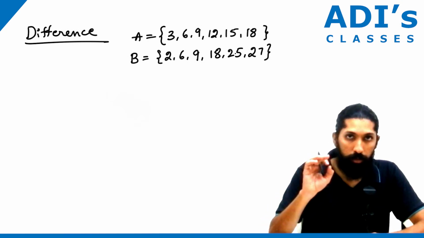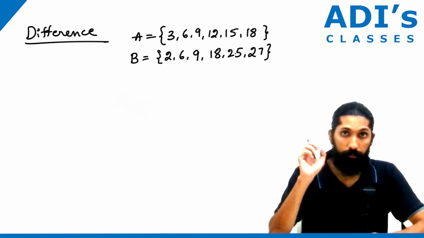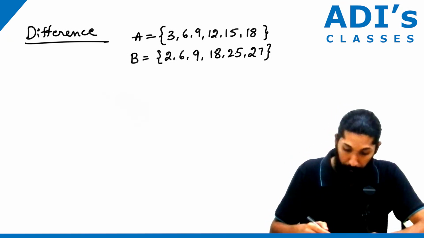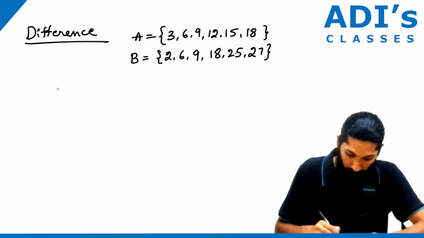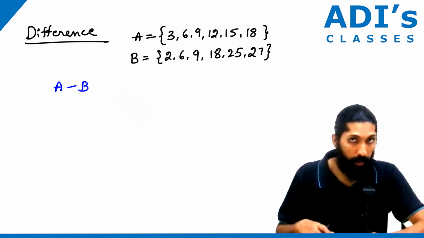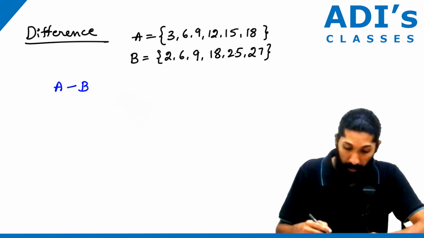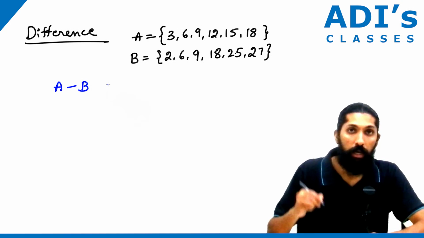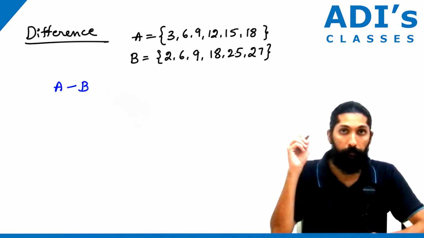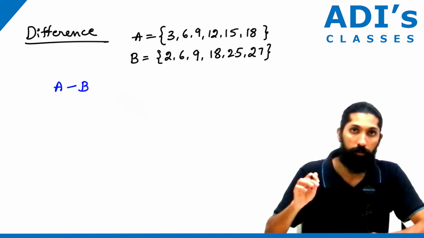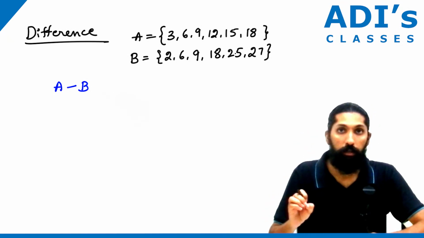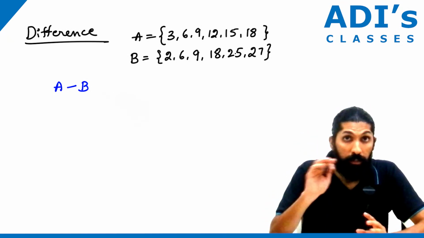Now, all of you know what union is, all of you know what intersection is, correct? Now, the difference of sets is basically, suppose you write A minus B. Again, A minus B. So A minus B represents elements which are in A but not in B. In other words, the elements which are only in A, they should not be in B at all.